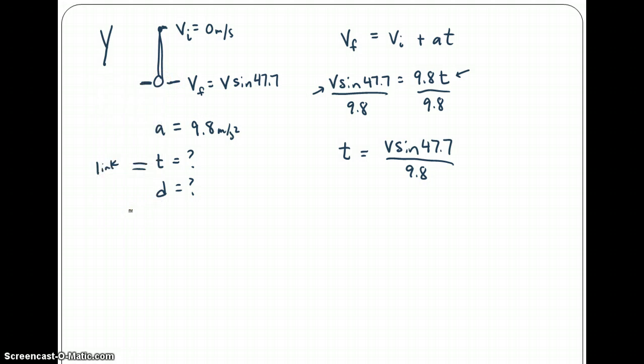I need to take this times 2. Now this represents hang time. I now have the time to get from the bottom to the top and back down, which is true of my entire trajectory, of my entire path.